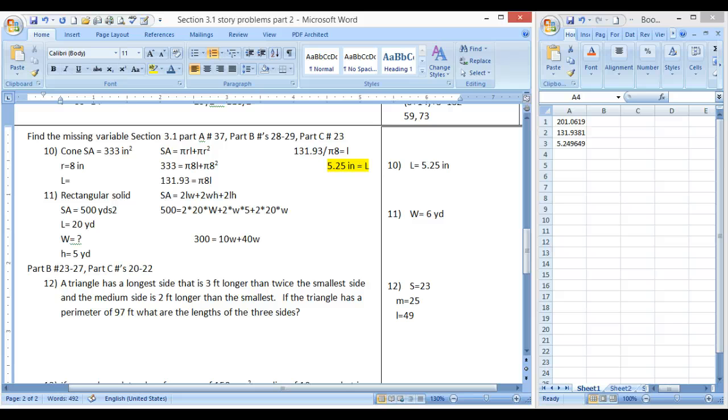And the last I have 2 times the length, which is 20, times the height, which is 5. So I just had my terms mixed up here, and that's okay.